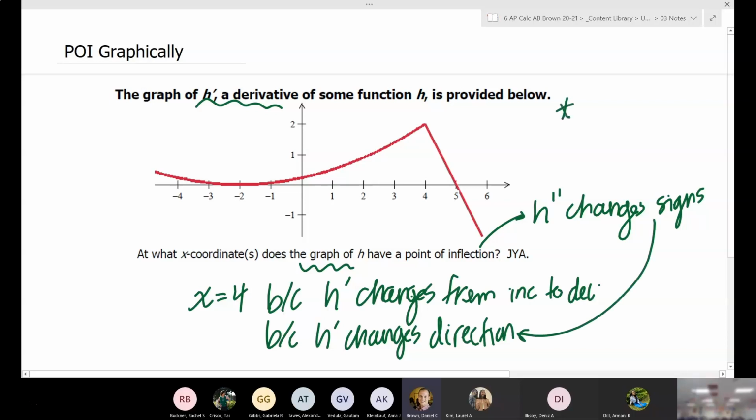Definitely go back and look at that chart from Unit 2 if you need that reminder of how all those things are related. So do you have to write both of those down? One or the other. Since it's a point of inflection whether it changes from concave up to concave down or concave down to concave up, to me it's easier just to say where it changes direction. Especially if there's more than one, it's an easier way to say it.